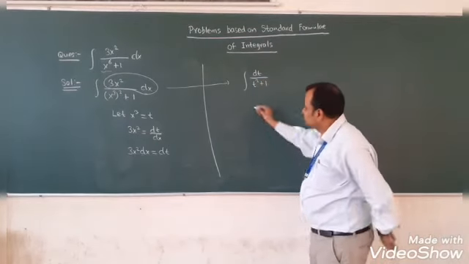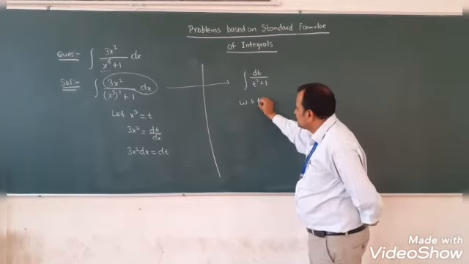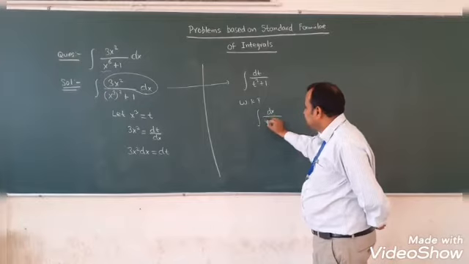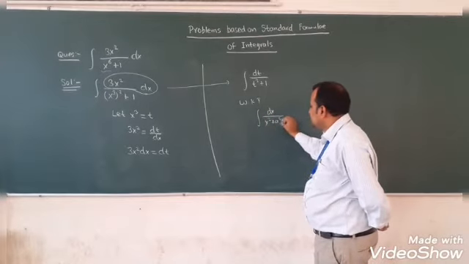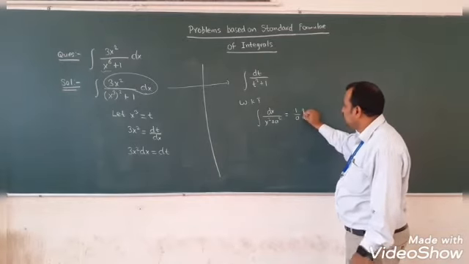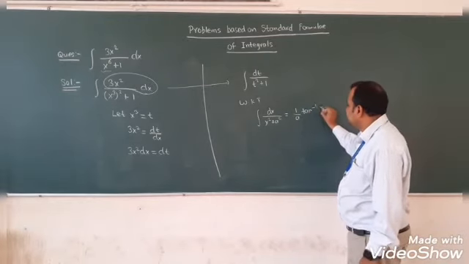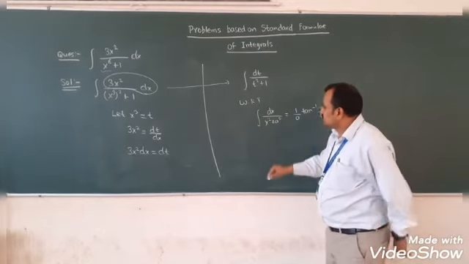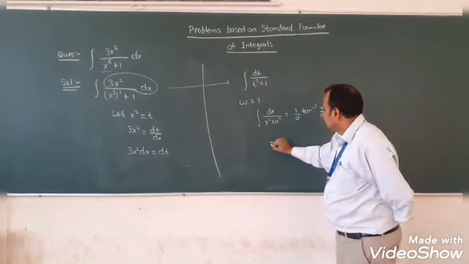Now one formula is here. So we know that integral dx divided by x square plus a square. So formula is saying what? Formula is 1 by a into tan inverse x by a plus c. So I am making use of this formula. So tell me, here I can say 1 by a.